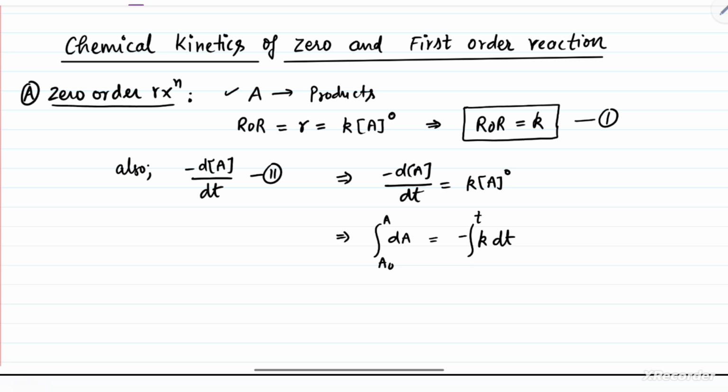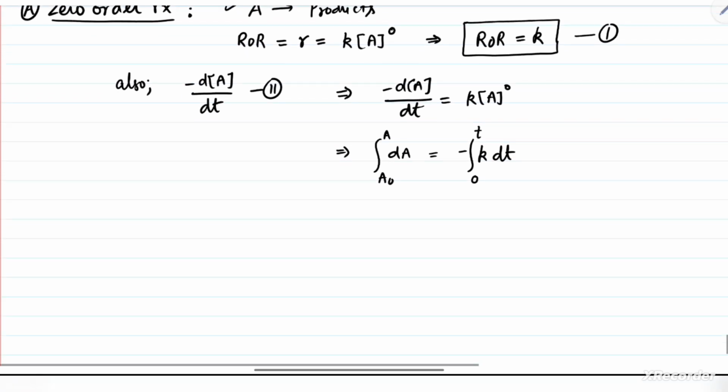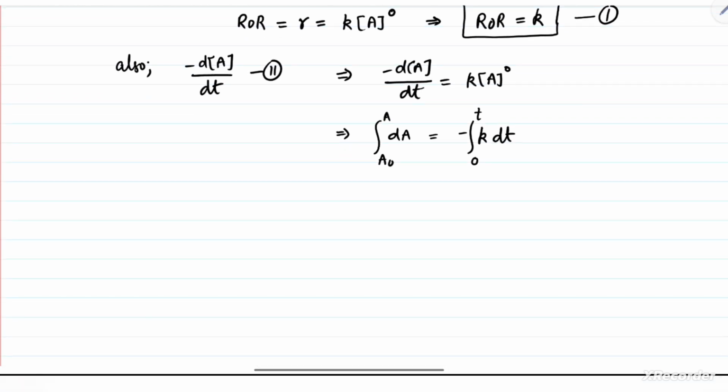So at that moment, whatever concentration we have is the initial concentration. Okay, so I'm not going into the detail of how to derive this one. The conclusion that we get is the integrated rate law, A is equal to A naught minus kt.